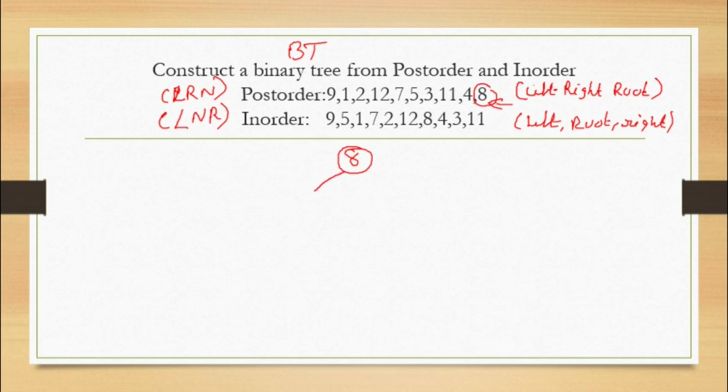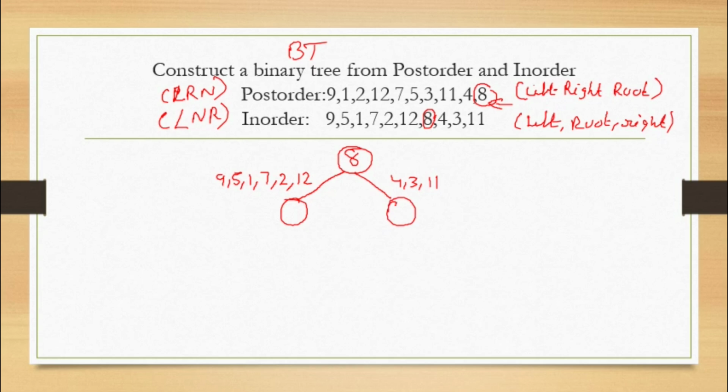Yes. So 8 we have here, and we have 4 3 11 to the right of 8, and we have 9 5 1 7 2 12 to the left. See, students, the same step you are doing everywhere. Now, what is the root on each side? First we'll concentrate only on the left side.